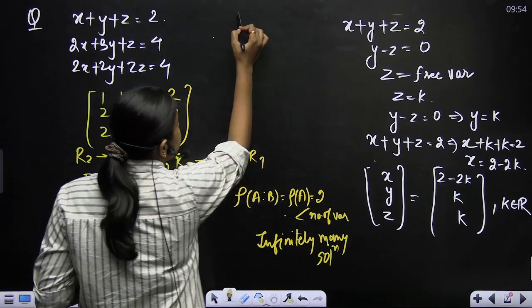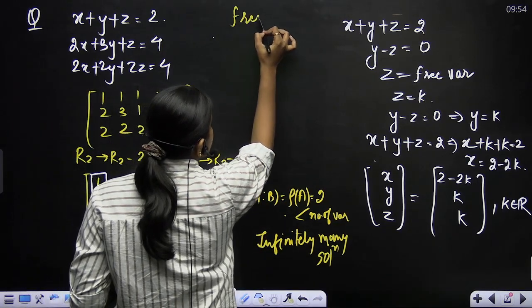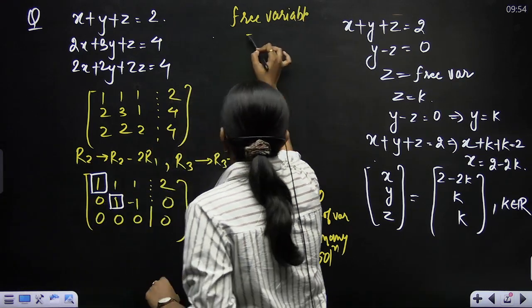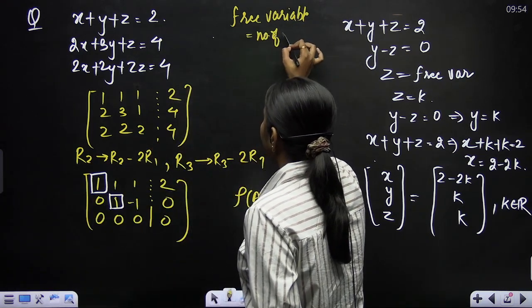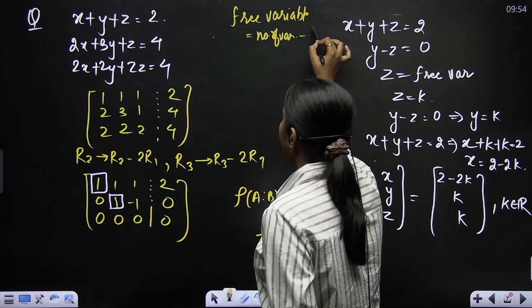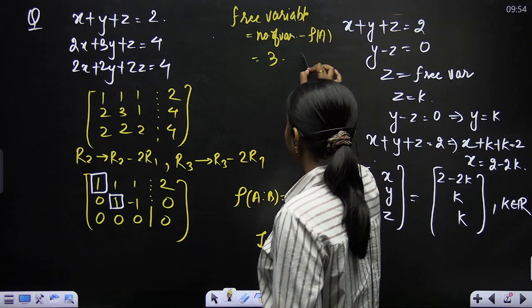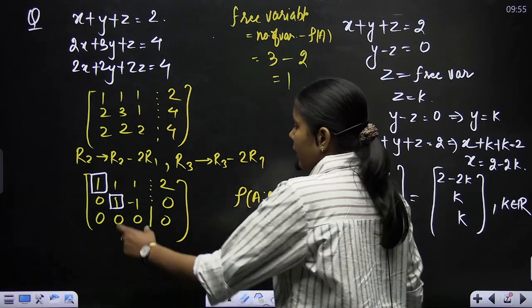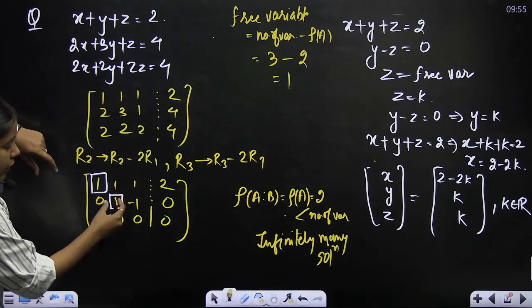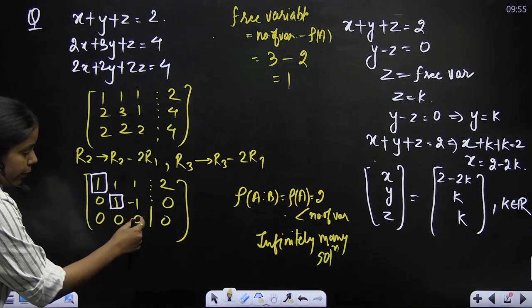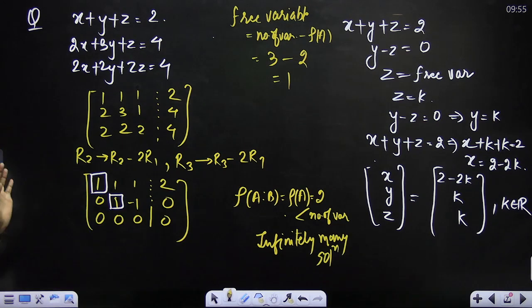The number of free variables I got in the previous question was the number of variables, in total how many variables, minus the rank of A: 3 minus 2, that would be 1. Or I can say it is the position at which we do not have a pivot entry. For x I have a pivot entry, for y I have a pivot entry, but for z I do not have that, right?